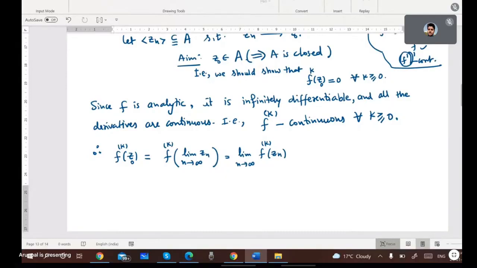Because all these Zn were in A, the moment I said that these Zn are in A, it means automatically that the values of all order derivatives of f at all these Zn are 0. Because certainly they will satisfy the property of being in A. If they are elements of A, then certainly they will satisfy this property.